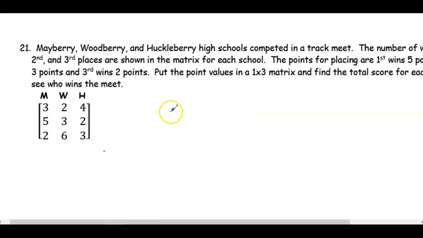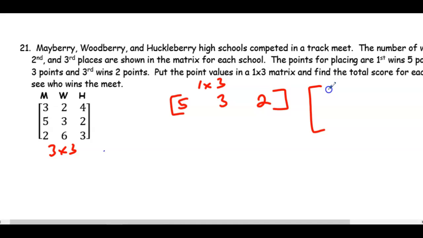Alright, so first of all, let's put this in the matrix. A 1x3. Which means 1 row, 3 columns. So 5, 3, and 2. By the way, this is a 3x3. So how you have to multiply this is this one times this one.